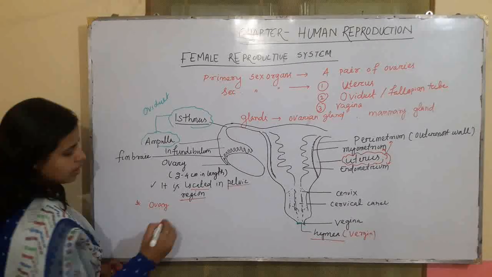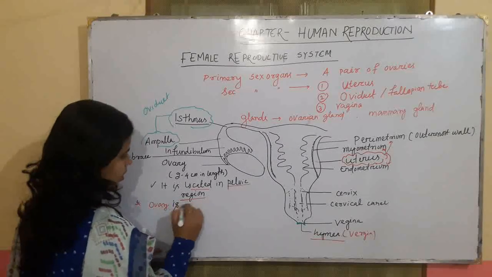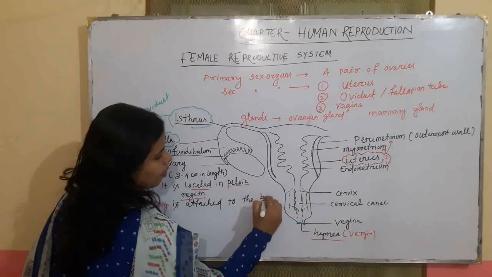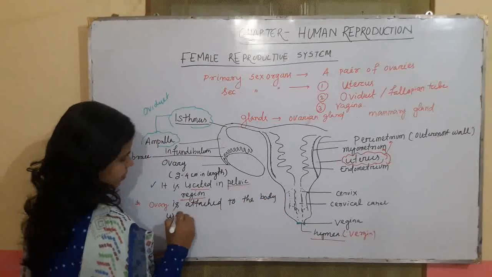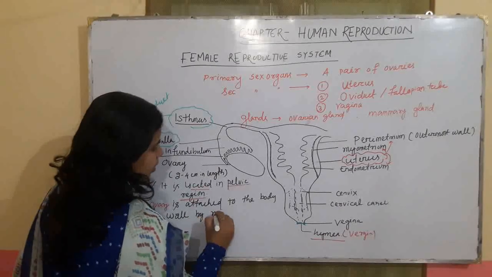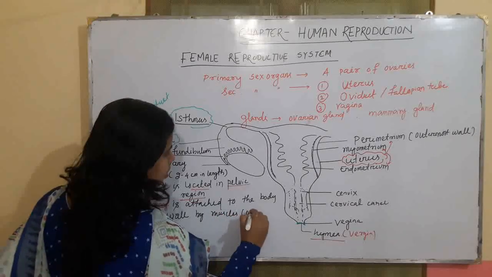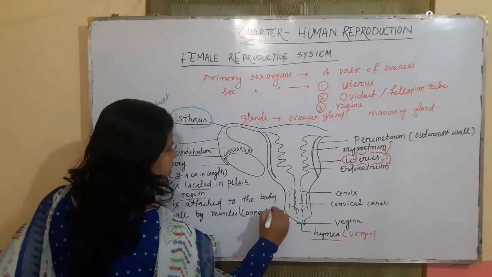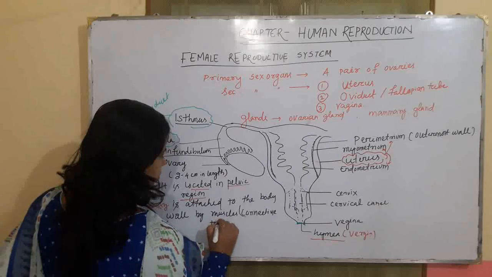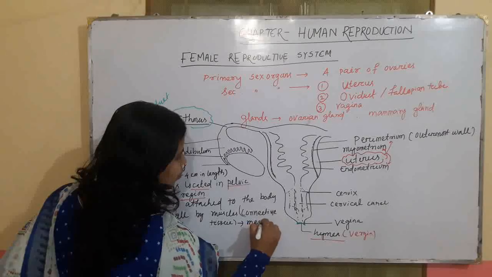The ovary is attached to the body wall by muscles and connective tissue, which is called the mesovarium.